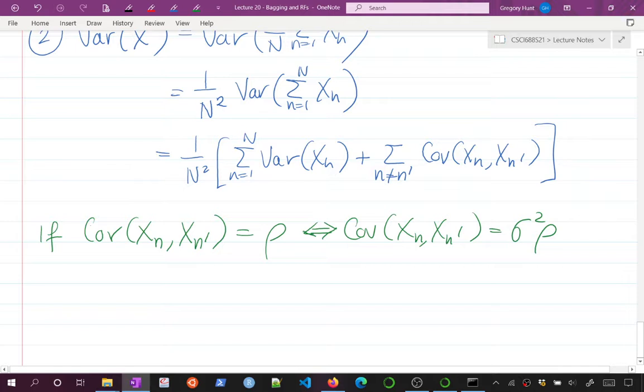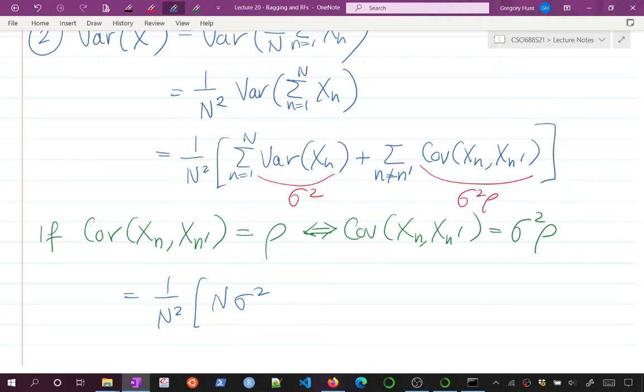In this case, let's idealize things, say they're all correlated equally with each other. With the 1 over n squared, I'm going to get n sigma squareds, right? Because each of these things is sigma squared. Each of these things is sigma squared rho. So we'll get n sigma squared plus, and how many of these am I going to get?